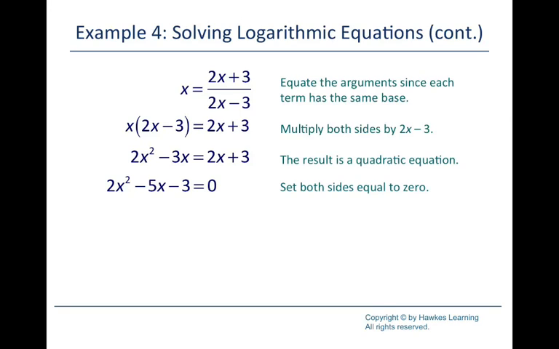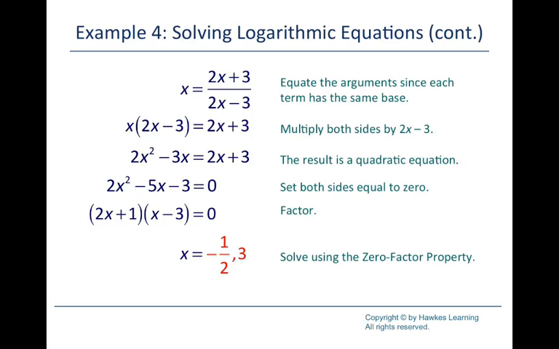Now, when we have a quadratic, you factor to solve it if you can factor. If you can't factor it, you use the quadratic formula. So we're going to factor this as 2x plus 1 times x minus 3. So our solutions, remember, we set each factor equal to 0. So it'll be negative 1/2 and positive 3.